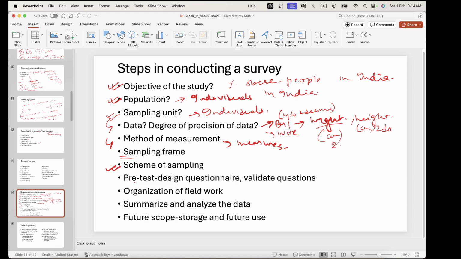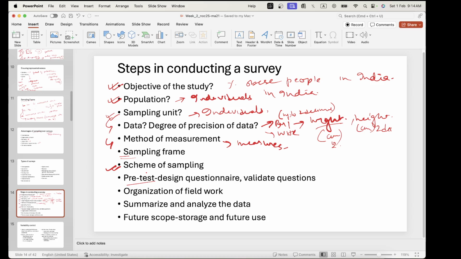Now the next thing is I should carry out a pre-test. So the thing is, whenever we go for surveys, it could be a large scale survey, it could be a small scale survey, anything, it's important to validate a few things before we go in for a survey. Like if I have designed a questionnaire, in my mind it reads perfectly, I can understand what I want to ask and I can answer.